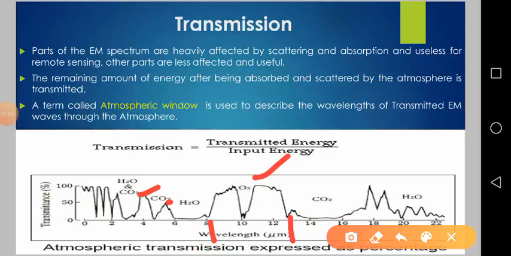Water and carbon dioxide combined can transmit about 100% if the wavelength is less than 3 micrometer. So this is regarding the transmittance versus wavelength relationship.